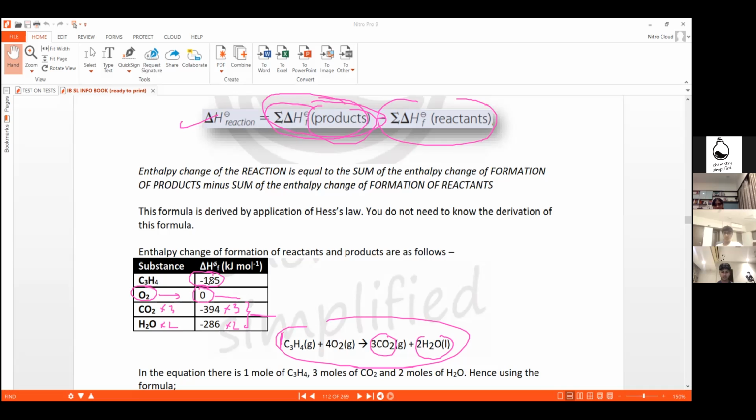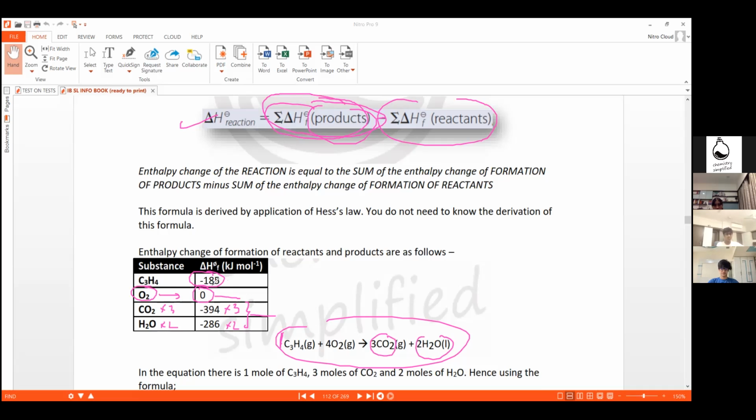Now, why is the enthalpy change of formation of oxygen given as 0 here? Because it's an element. The definition of enthalpy change of formation says that it's the enthalpy change when 1 mole of a substance is formed from its elements.